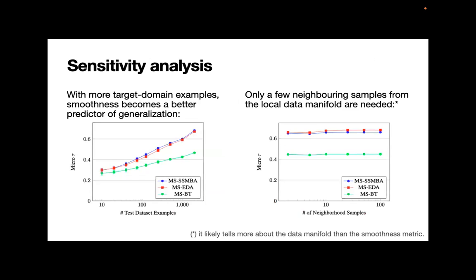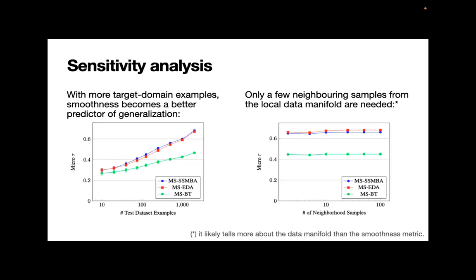We did some more analysis as well. What we see is that the number of samples we get from the local data manifold doesn't matter too much as long as we get a few, let's say 5 to 10 of them. Although we question whether this is about the algorithm itself or whether the problem is too simple. I can't really tell.